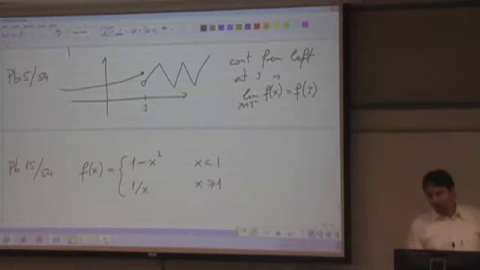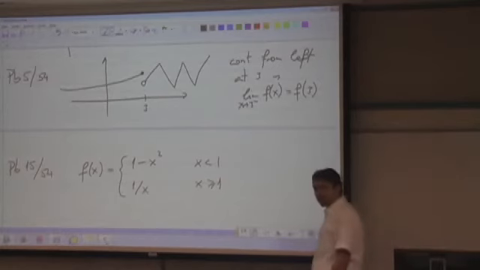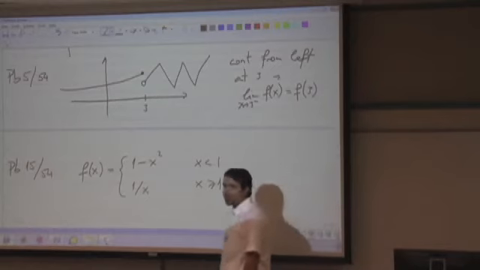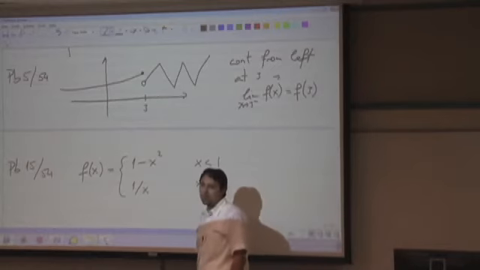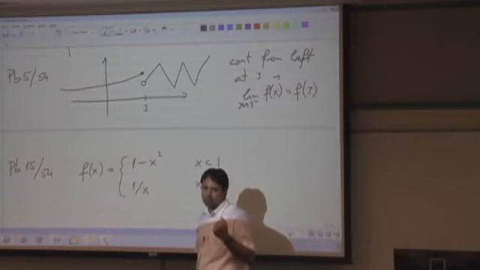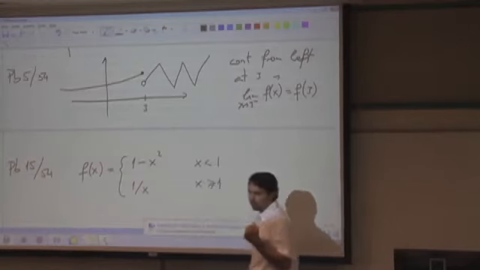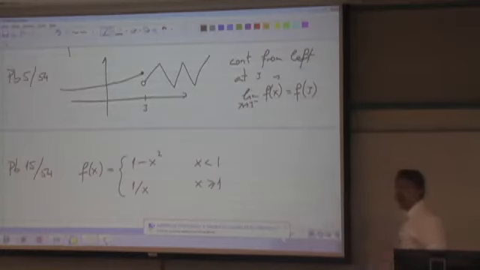Okay? So, when you're asked why is f discontinuous at 1, what you're actually asked is to figure out which of the 3 criteria are not met. Is everybody understanding this? Because you're supposed to explain why it is discontinuous, you basically have to say which case you're in.